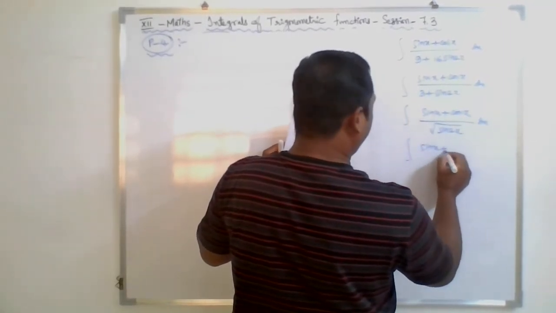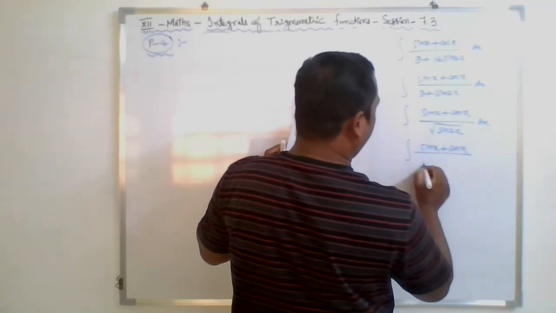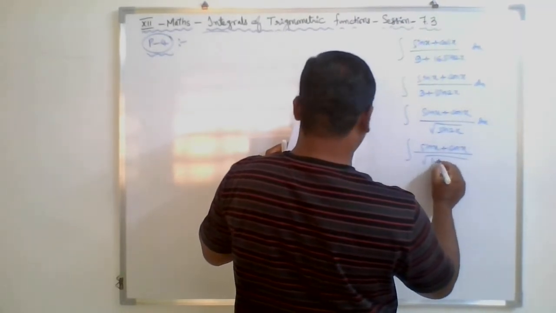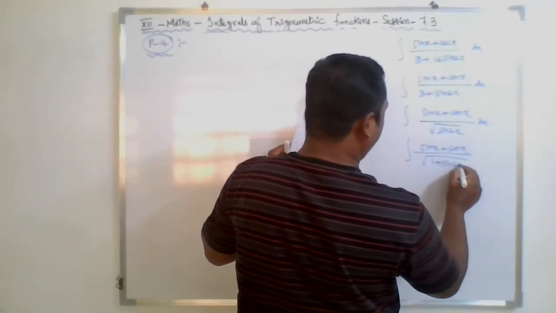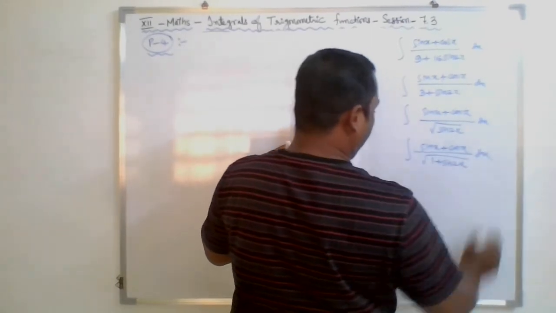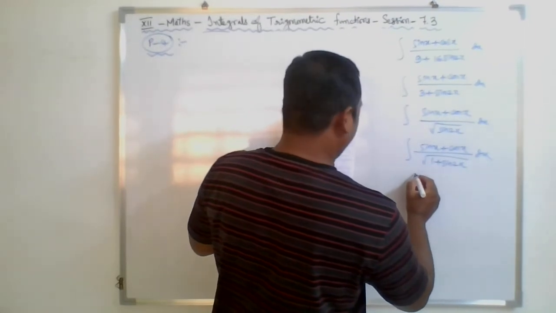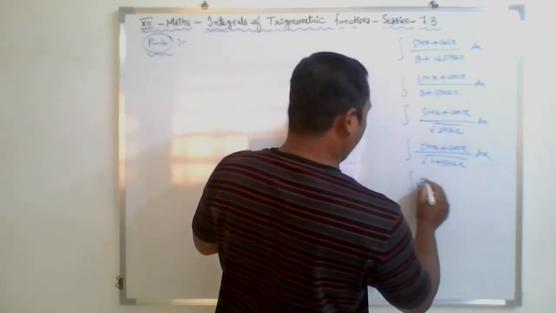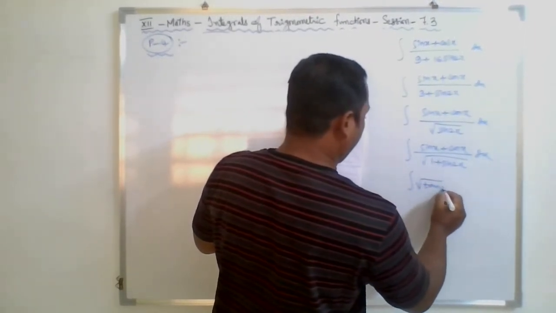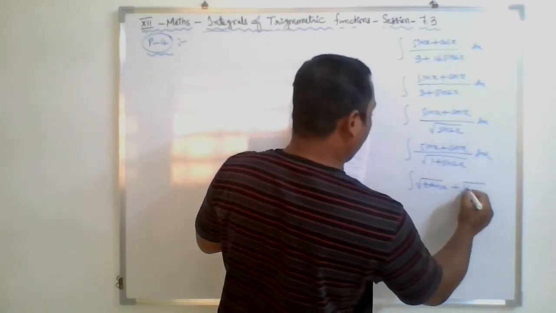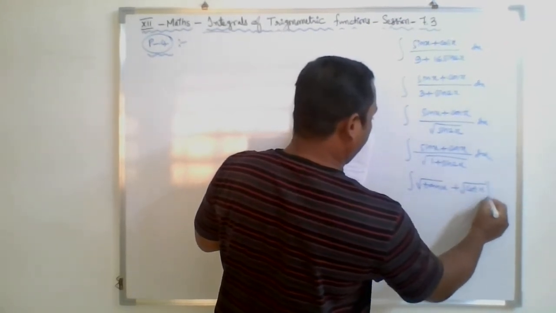Sin x plus cos x upon under root 1 plus sin 2x dx. Next, root tan x plus root cot x dx.